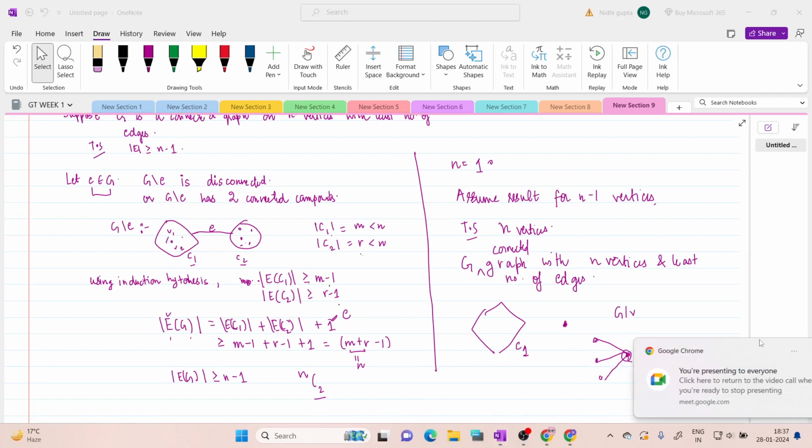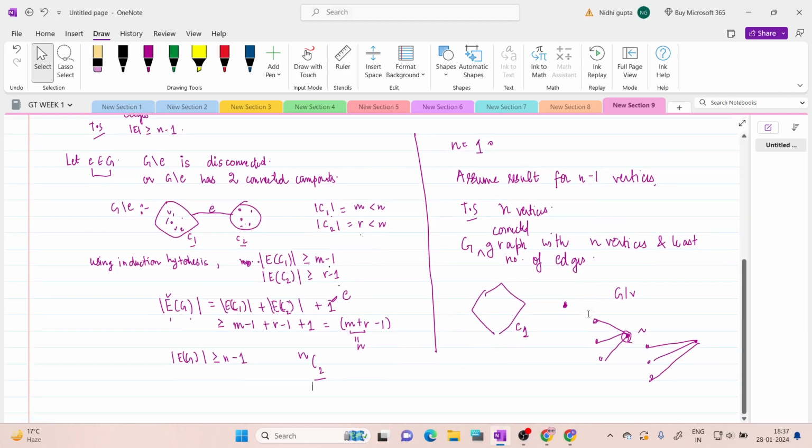I think you are talking about the degree of a vertex. If the degree of each vertex is n minus 1 choose 2, then the graph is connected. If the graph is connected, then clearly there would be NC2 number of edges.